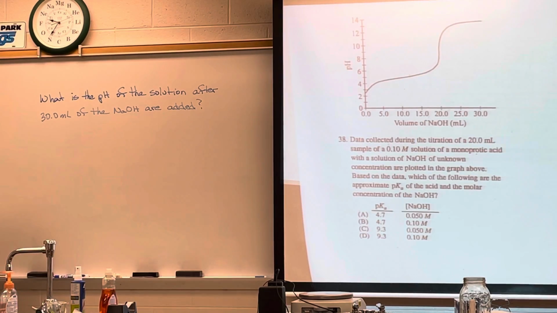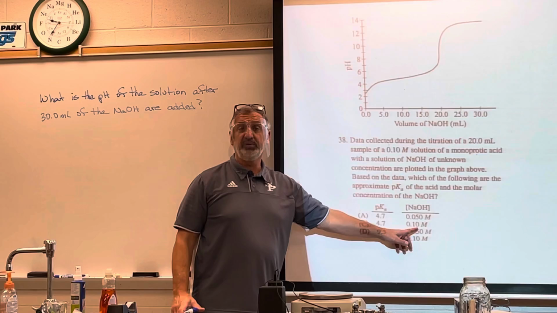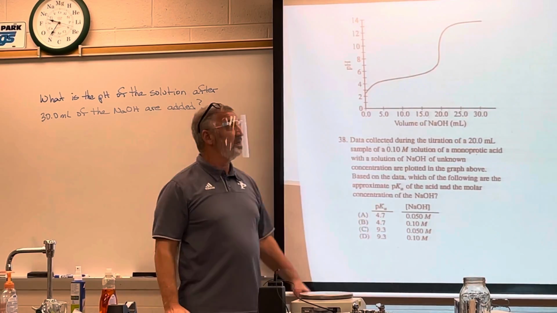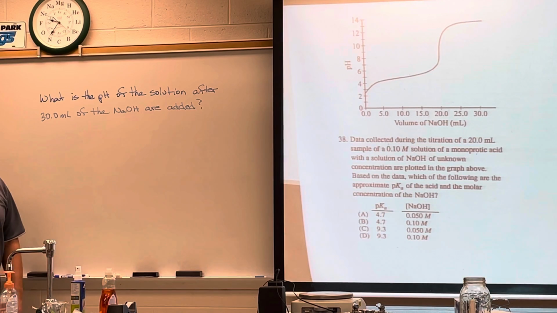Now we already figured the concentration is 0.1, so we know the concentration of the base is 0.1. Where's the equivalence point? 20 milliliters, right? So how many milliliters excess do we have? 10 milliliters excess. So molarity times volume is equal to moles.